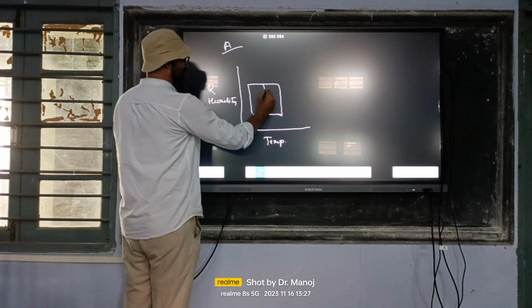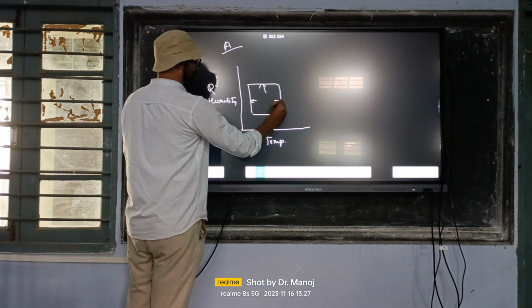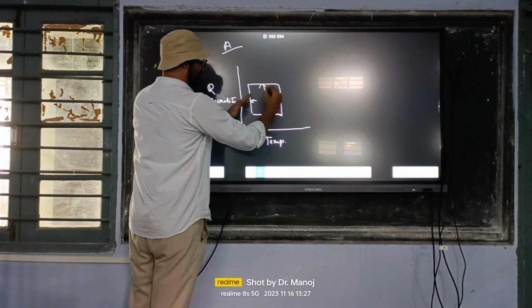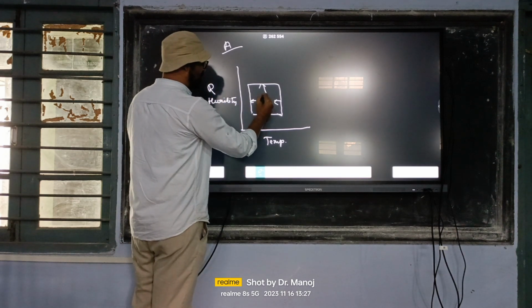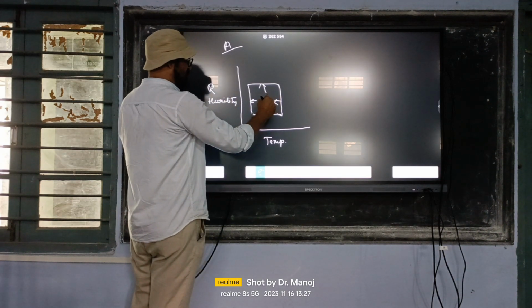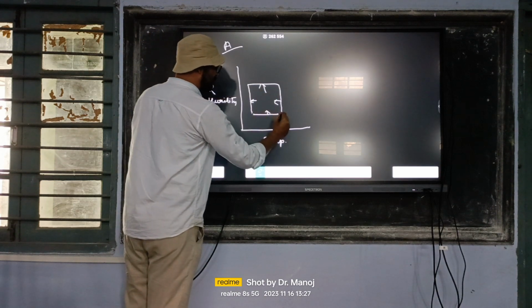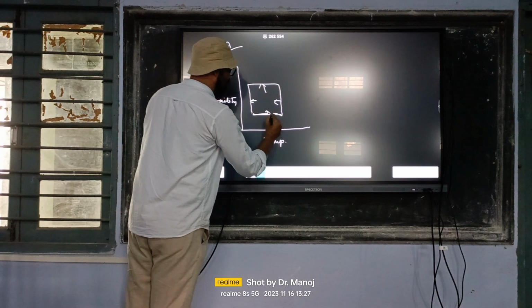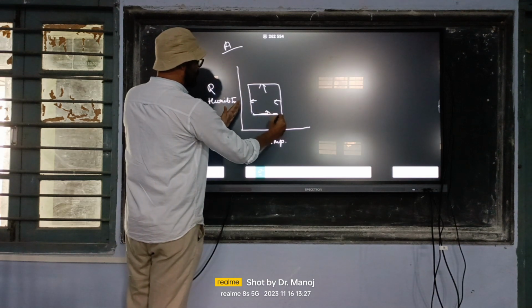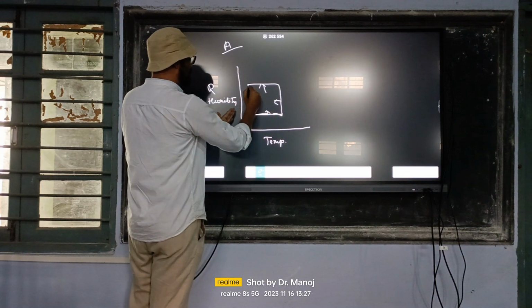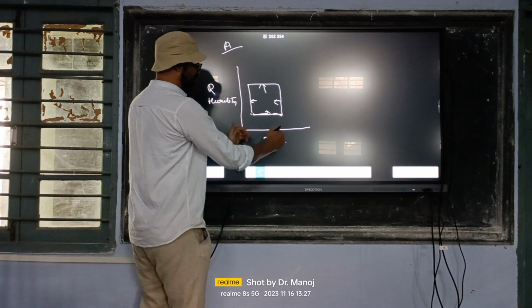This is the range of tolerance. Sometimes it is also called ecological amplitude. This is the range of tolerance. This is the area for temperature, and this is for humidity. This is high and this is low, for humidity and for temperature.